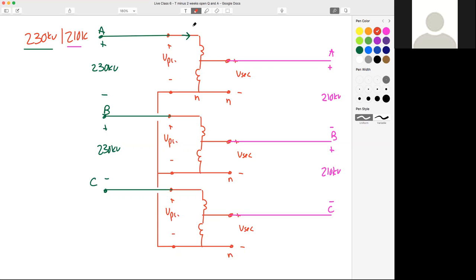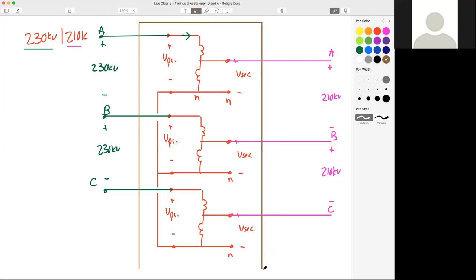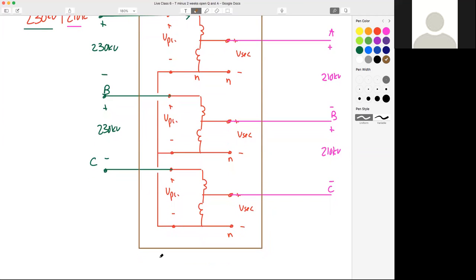So if you were driving down the road and you saw a 3-phase auto transformer on a 230 to 210 kV line, here's your 3-phase auto transformer.